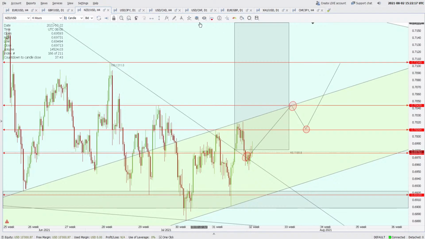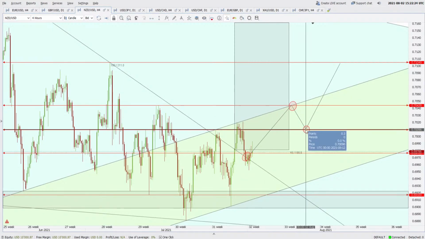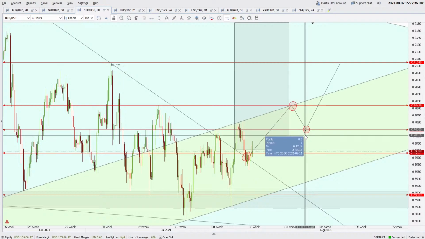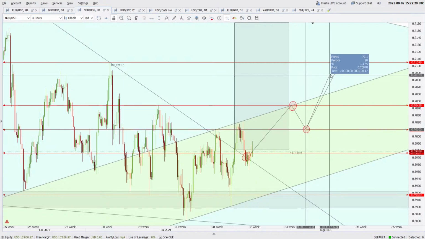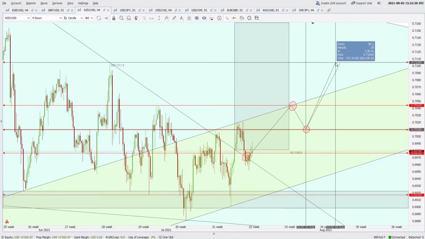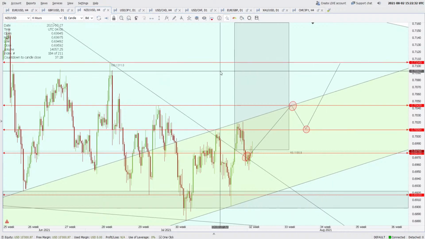And in that case, this is just my hypothetical view, it may or may not happen, but this is what happens most of the time. In that case, your stop loss will be around 10 to 20 pips, and your take profit will be almost 100 points. So this is almost 1:10, or say 1:8 risk to reward ratio.